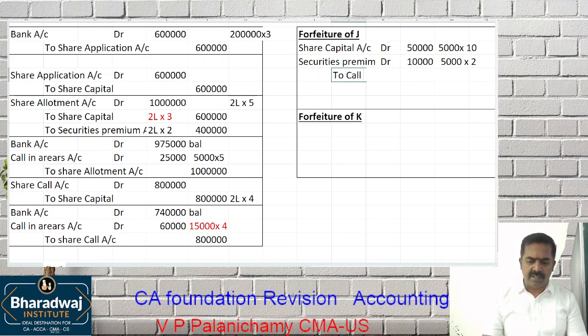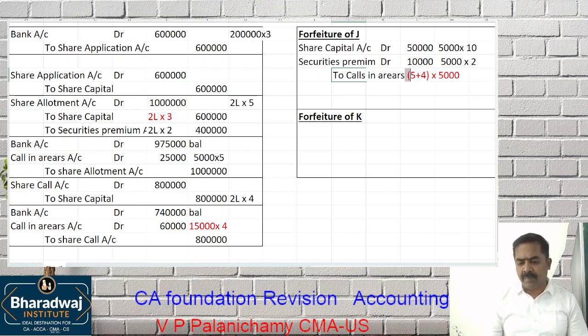To calls in arrears. From this person, what is the calls in arrears? First call, sorry, allotment money 5 rupees, first call money 4 rupees. 5 rupees plus 4 rupees into how many shares? 5,000 shares, how much does it come to?